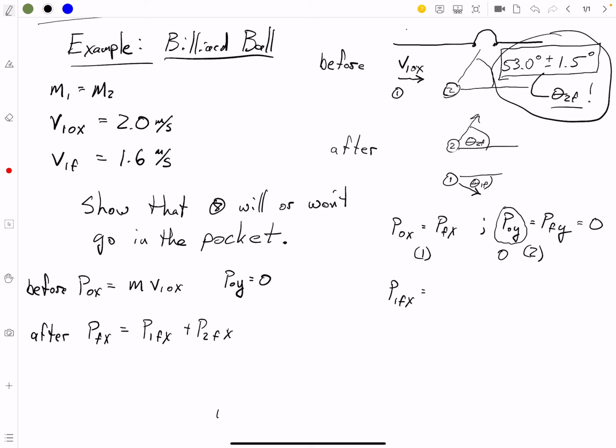P1 final x, that is our mass times V1 final times the cosine of theta 1. All right. We can call it theta 2 final if we want, theta 1 final and theta 2 final, but there's only those two. So all the thetas are going to be final. So I'm not going to worry about adding an f there. P2 final x, that's the same mass times V2 final times the cosine of theta 2. All right, so there's that.